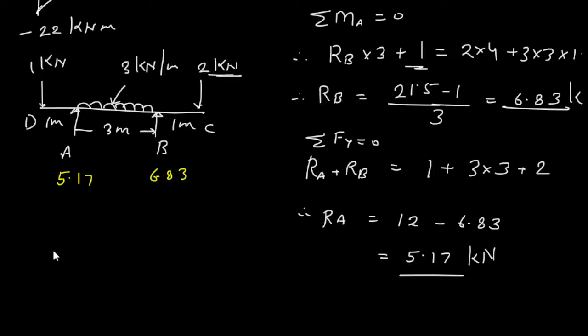So for shear force I will draw this line, and then if I see towards left and any force is going down, so it will be down. So there will be 1 unit here, then straight, there is nothing. Then RA, the value of RA is 5.17, so I will go 5.17 up. So this will become 4.17 because here it is minus 1, then we go positive.